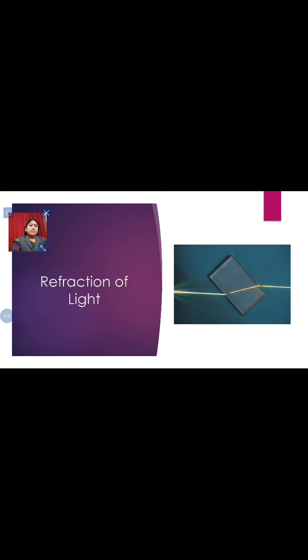That means here 1, 2 and 3, there are three directions. Three directions means when the light enters through the glass, at that time the light is bent. See this in the figure. In the glass slab there is a bend in the direction of the light.